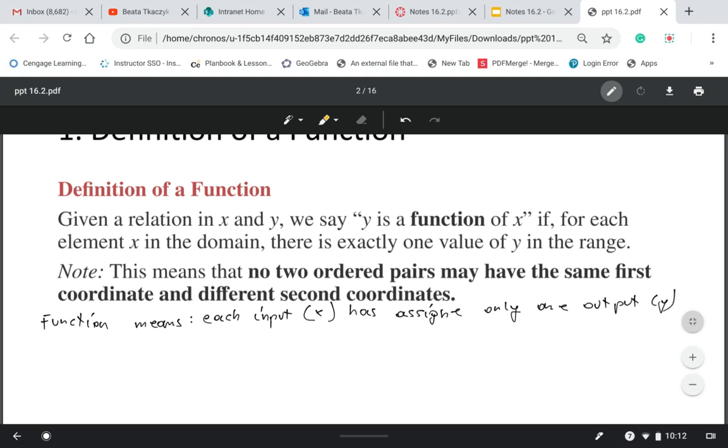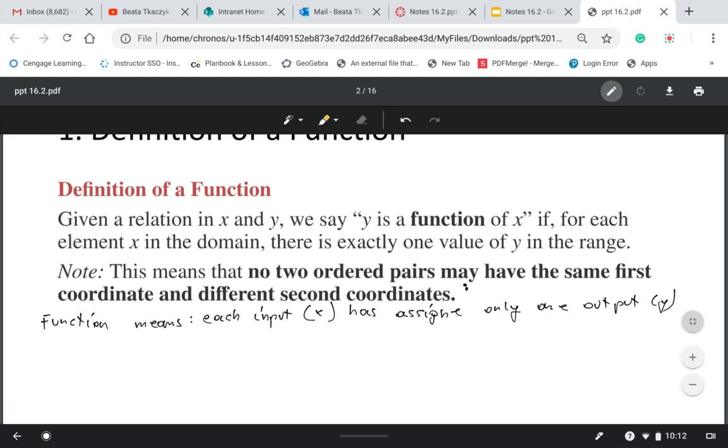Make sure that if the relation is a function, we cannot have two different points which have the same x value and different y value.